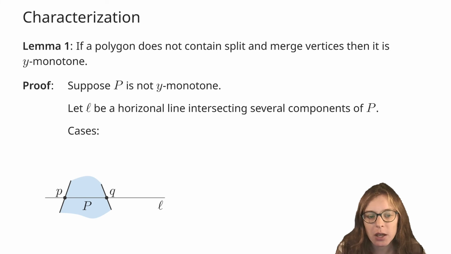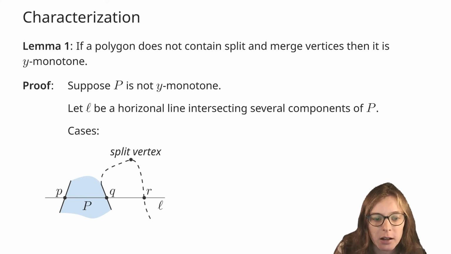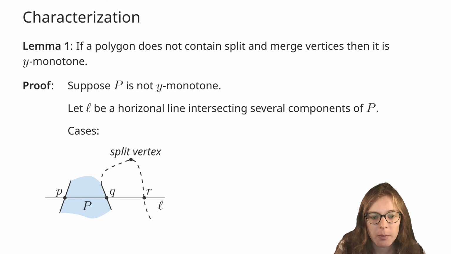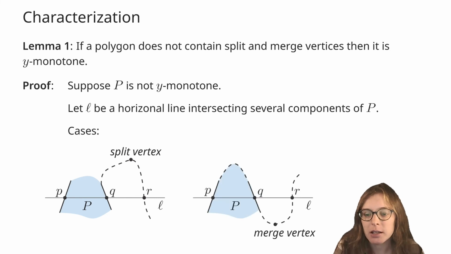There can be 2 cases. In the first case, the boundary intersects the line L from top to bottom. Then we can consider the segment between the points Q and R and argue that there must be a split vertex on the segment of the boundary. In the second case, after extending the boundary, it intersects the line L from bottom to top.